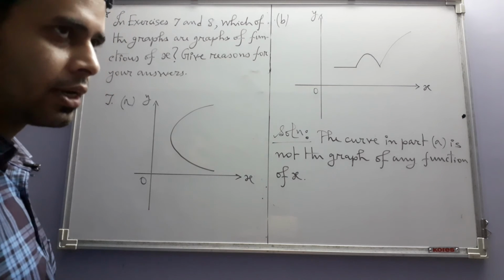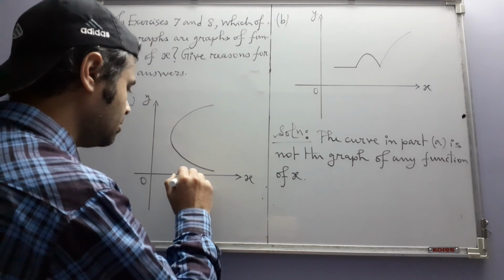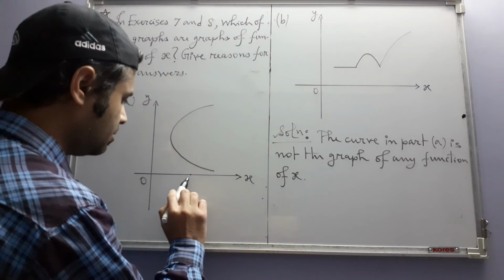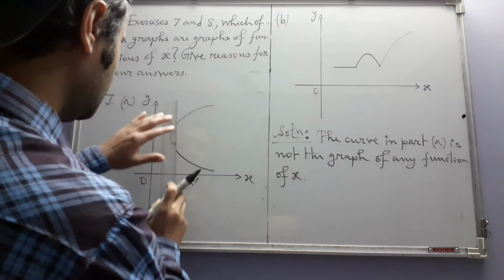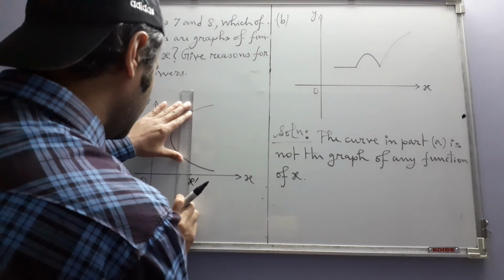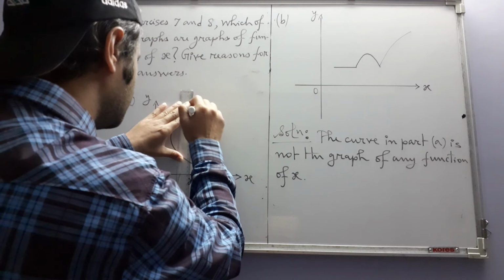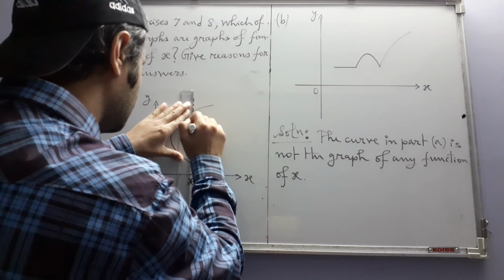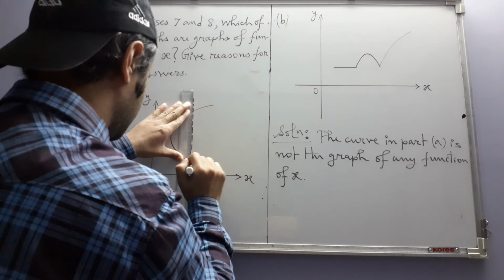Had it been a function, some function of x, then for some given input, say here some x prime, the vertical line that passes through that point should have crossed the curve at exactly one point.